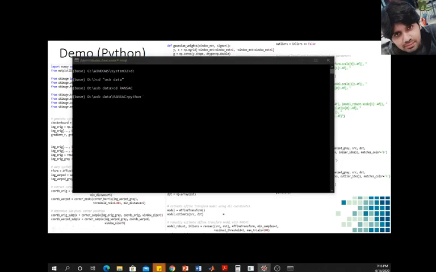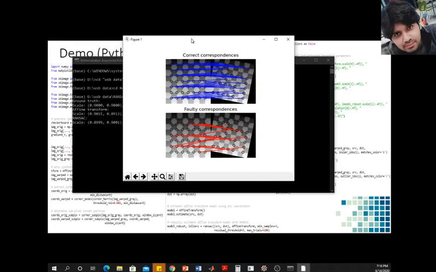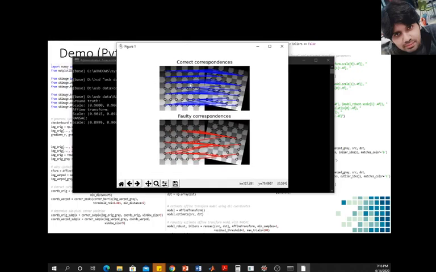The file name is block. So here you can see that we have some correct correspondences which are represented as inliers, and the red ones are the outliers. So we can use RANSAC for finding the inliers and outliers respectively.